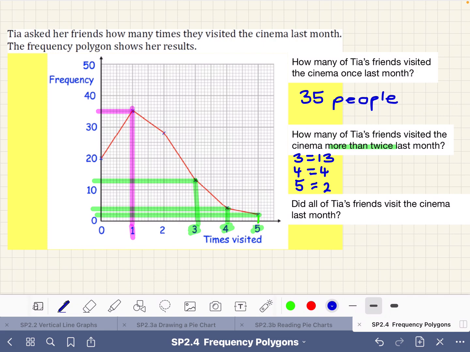So that means the people who visited more than twice are all of these people combined, which means we want to add 13, add 4, add 2. So 13 add 4 gives us 17, 17 add 2 gives us 19 people.